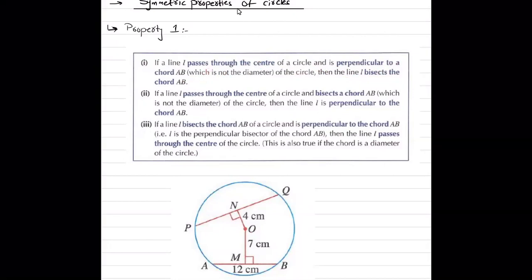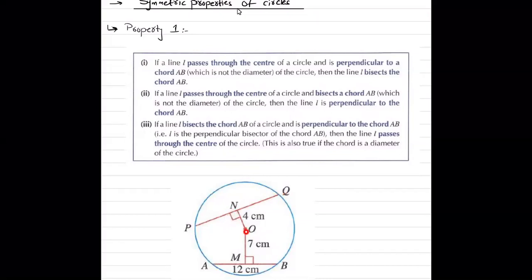So the first property says that if there is a line passing through the center of the circle and perpendicular to the chord, in this case, let's say PQ is a chord, then this line is going to bisect the chord. Bisect means it is going to divide the chord into two halves. So PQ is going to be bisected into two equal parts, PN and NQ.